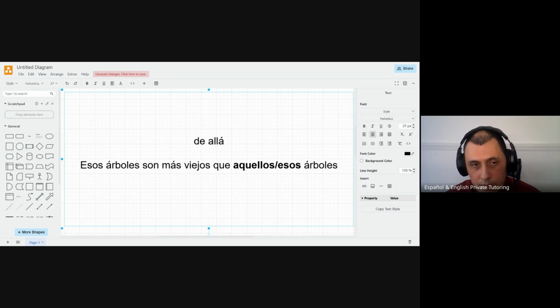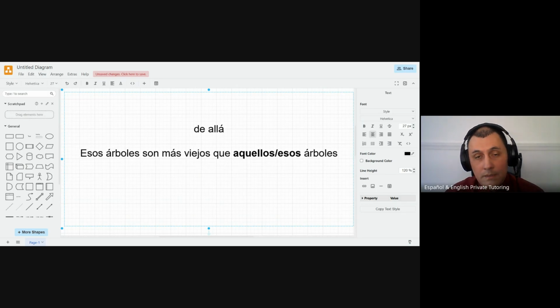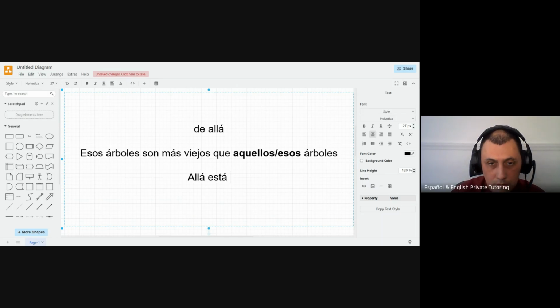Now in English, you can say, over there is the pool, yeah? In this case, over there is not acting as an adverb anymore. It's acting as a noun referring to a location. So in this case, it is the subject of the sentence. So if you want to say over there is the pool, it will be allá está la piscina.